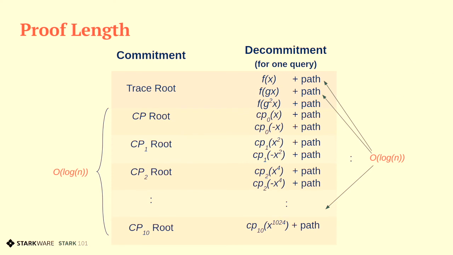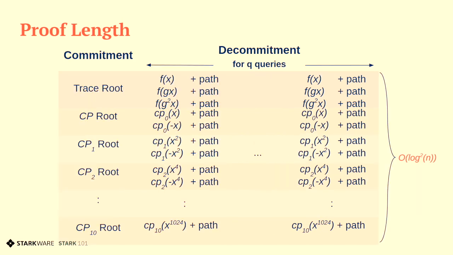So in total, the prover needs to send to the verifier order of log square n information for each single query. Order of log n elements, and for each element, the authentication path with order of log n. So in total, order of log square n information. And this was for one single query.